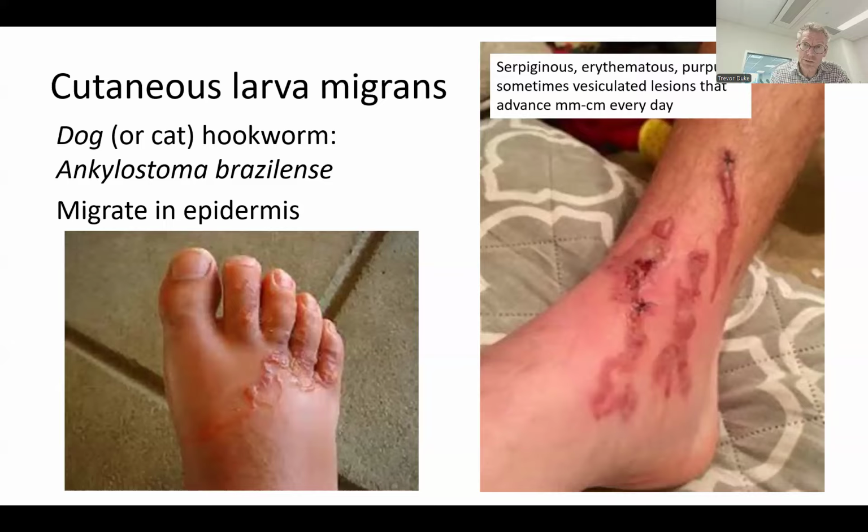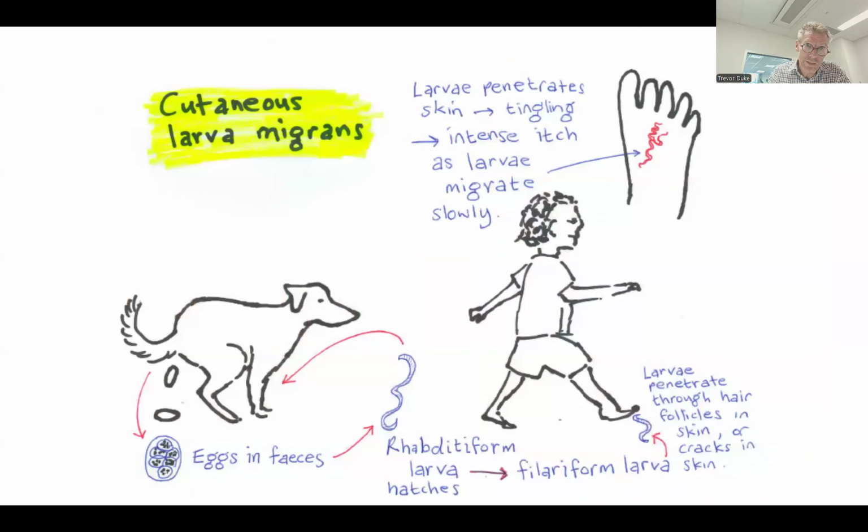This type of rash is called serpiginous because it seems to almost follow a snaking appearance, like a worm that is snaking through the epidermis, just like one might expect of a serpent. Cutaneous larva migrans. First, the larva penetrates the skin when a child is running around on ground that is usually contaminated by dog feces that's infected with the eggs.